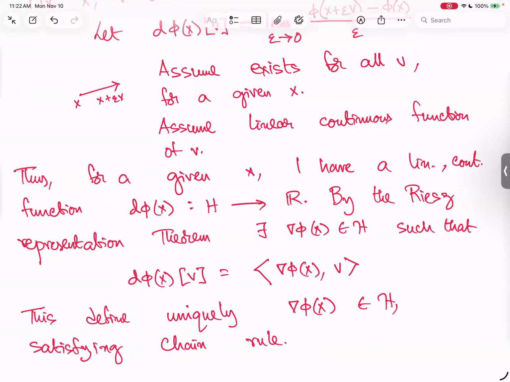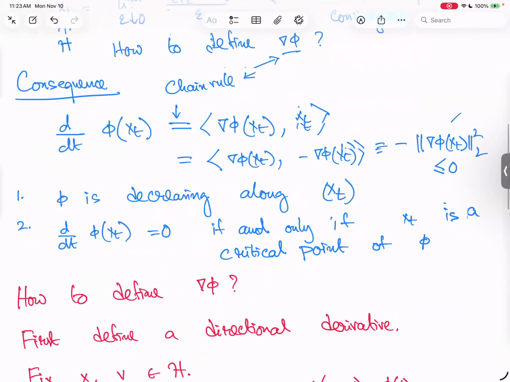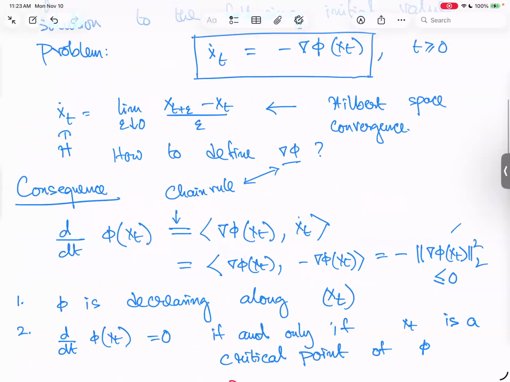Good. So this is the way you make sense of the gradient of a function over a Hilbert space, which satisfies the chain rule. And once you have this, then again, this problem now makes sense.